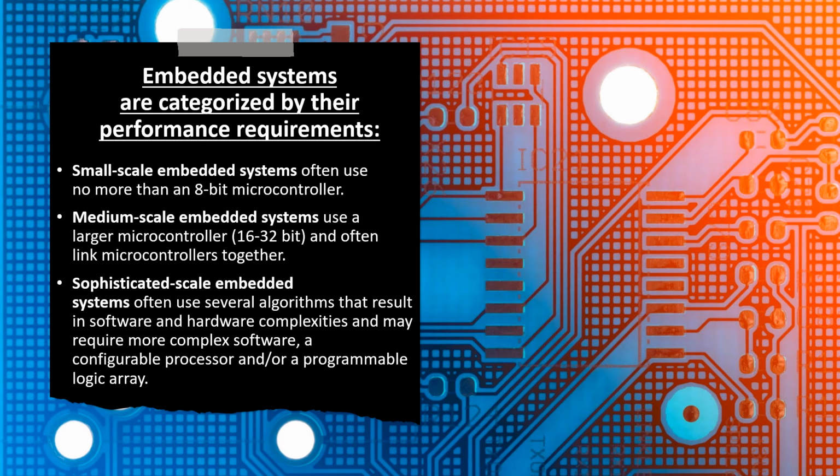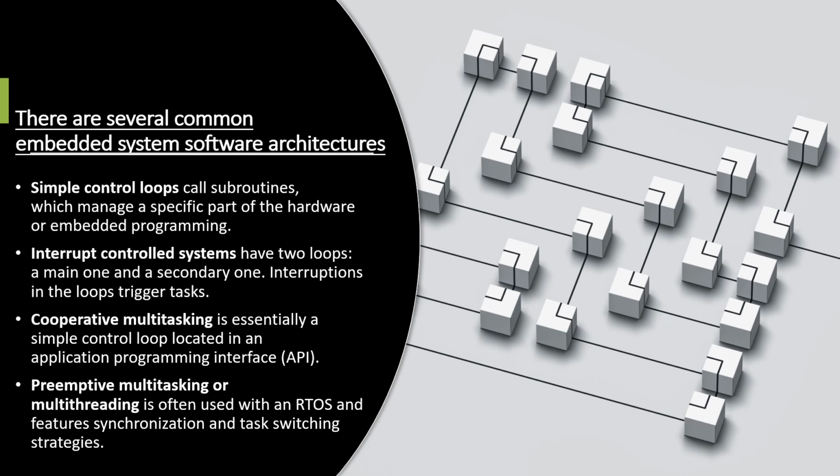Embedded systems are categorized by their performance: small scale, medium scale, and sophisticated. Small scale is tiny and mini, medium scale is used mainly for computers and media cards, and sophisticated systems handle larger, complex tasks like traffic lights. To overcome complexity, we use sophisticated systems. As I said before, hardware overlaid with software is an embedded system.